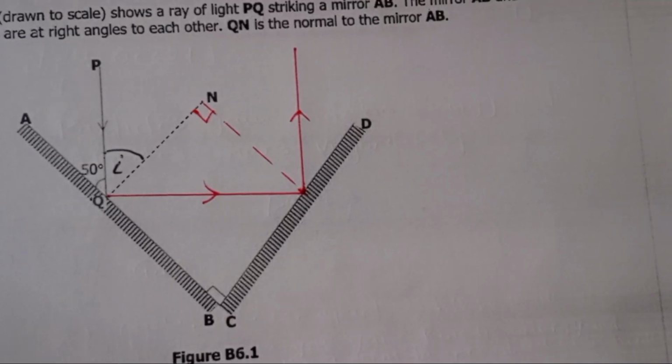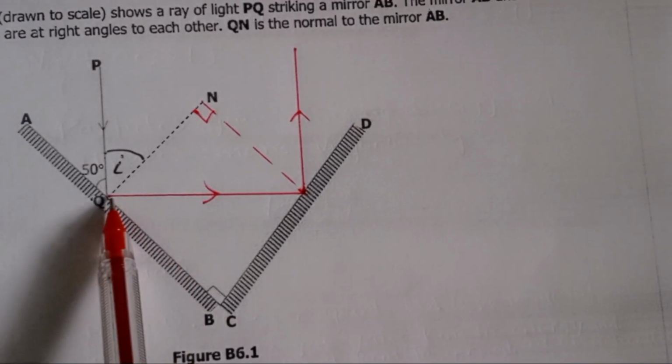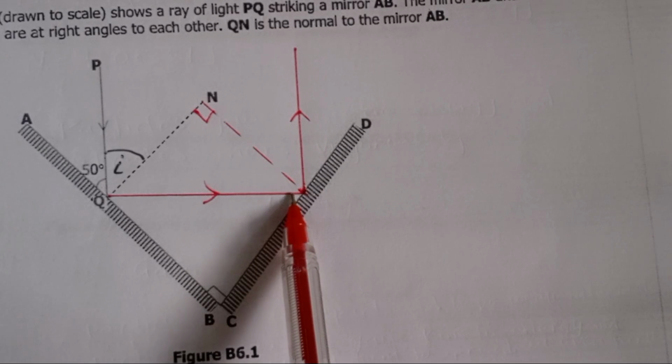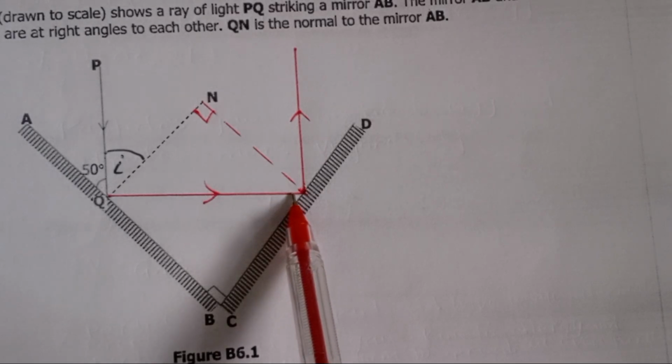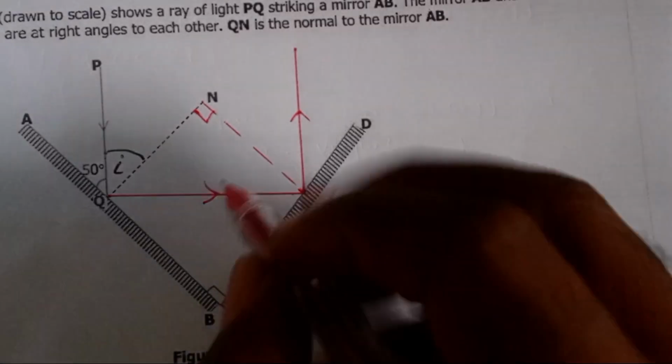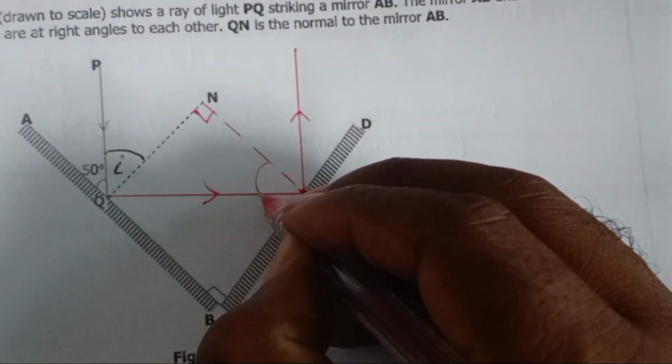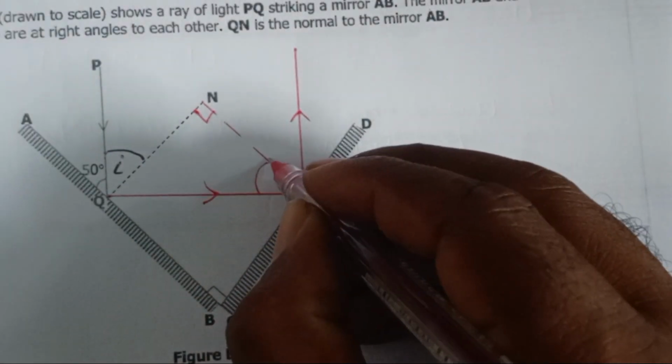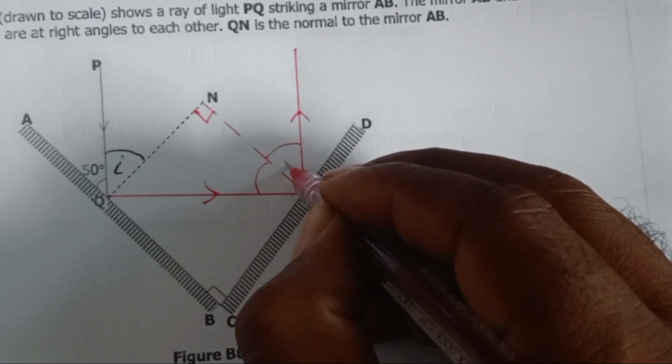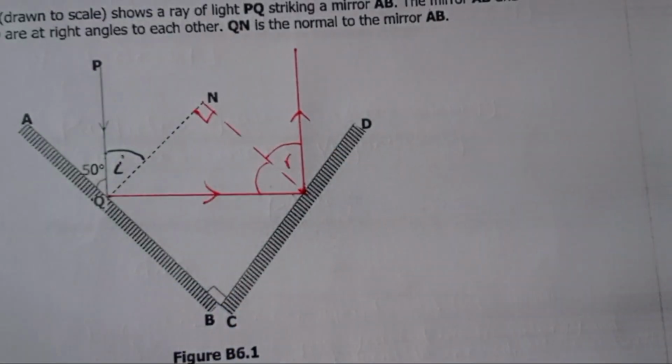So at CD, this is treated as the incident ray. Then this angle, it is the angle of incidence. Then this angle, it is the angle of refraction. So how do we find the angle of incidence and the angle of refraction?